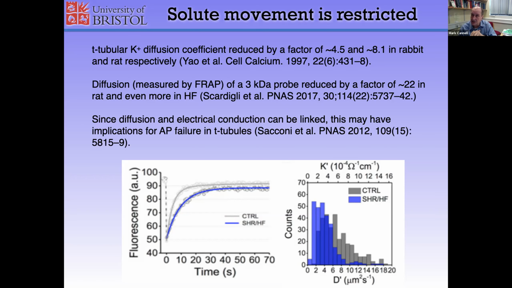That could have implications. And one of the interesting things that Sacconi's group showed was that in heart failure preparation, the action potential appeared to fail in some parts of the T-tubule. And obviously this has big knock-on effects for excitation contraction coupling if you have an AP failure inside the T-tubule membrane.